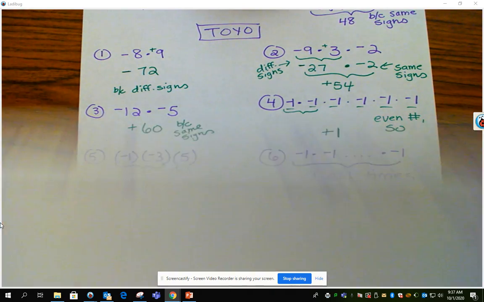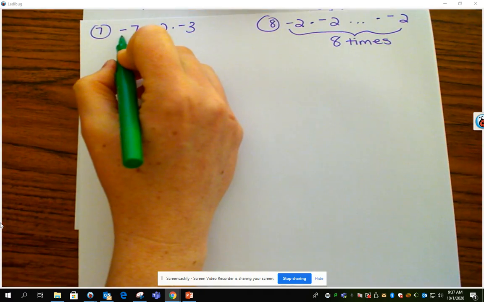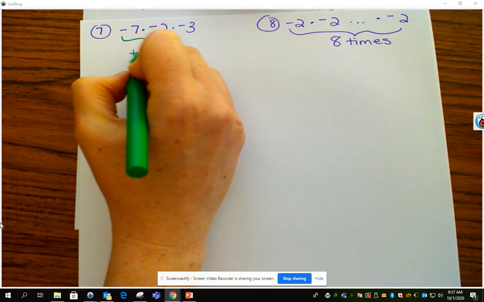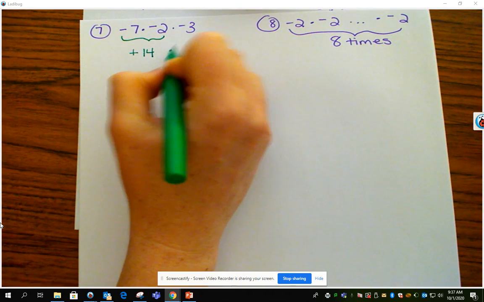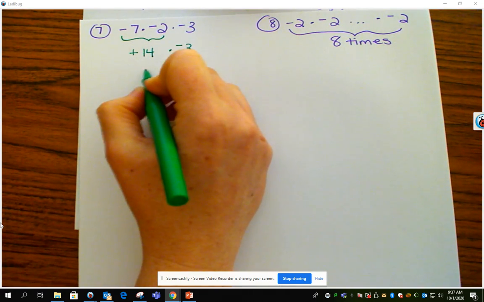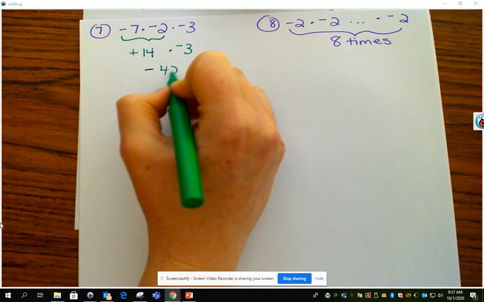Okay, number 7, let's see. Do it step by step. Here we have same signs, so it's going to be positive. 7 times 2 is 14. Bring down my -3. These are different signs, so I know I'm going to have a negative answer. And then 14 times 3 is 42.